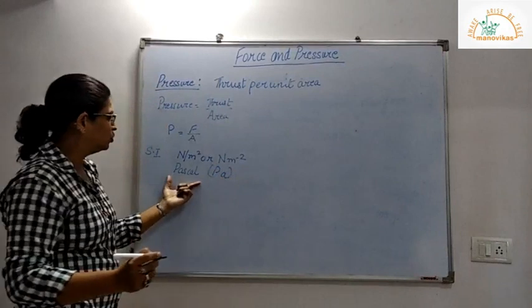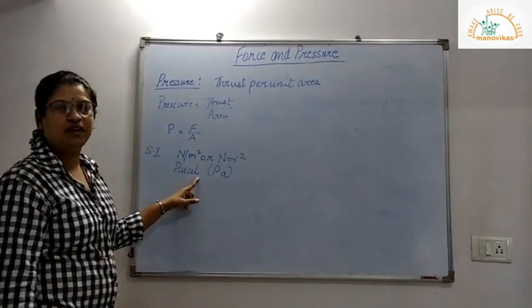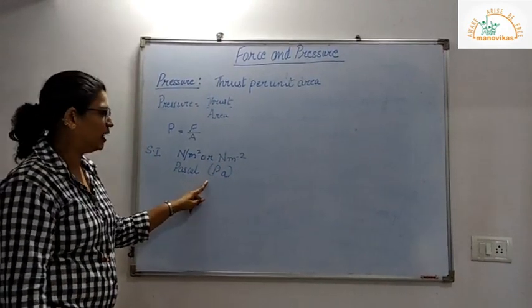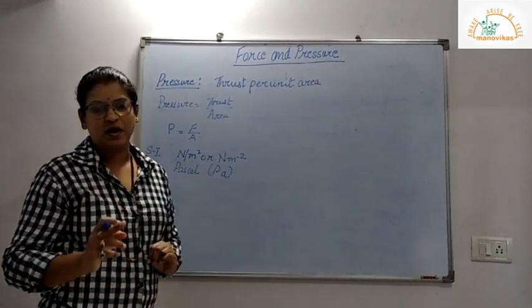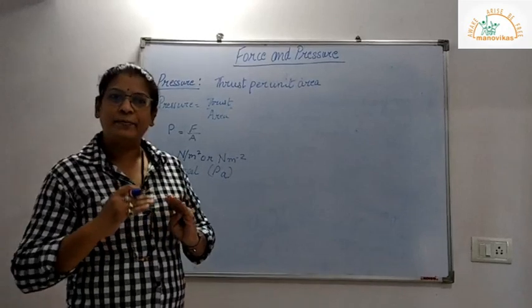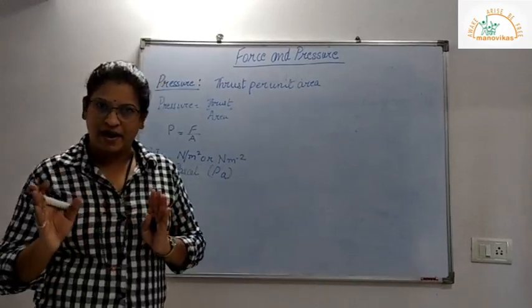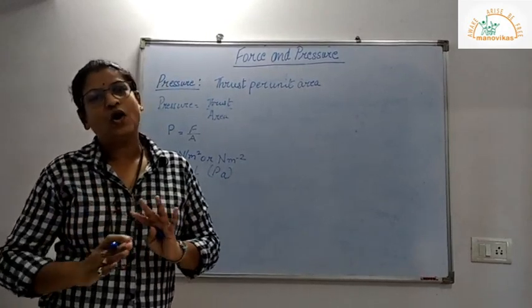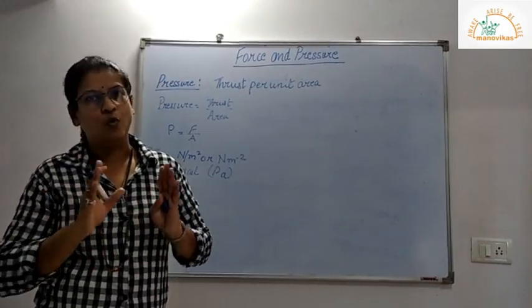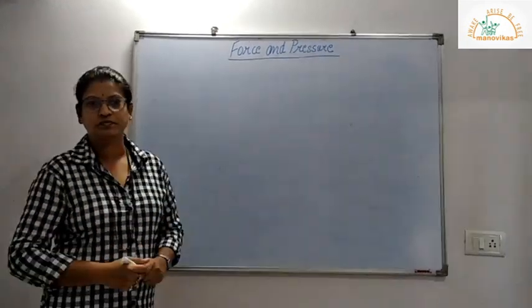The name of this unit, Pascal, is given after the scientist Blaise Pascal. Now we'll see what is 1 Pascal. 1 Pascal is the pressure exerted by a thrust of 1 Newton acting on a surface area of 1 square meter.